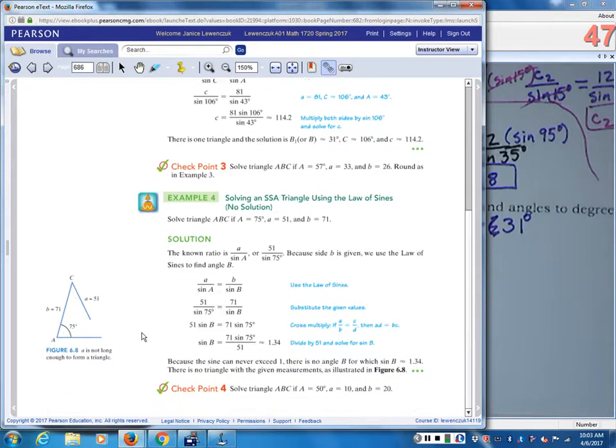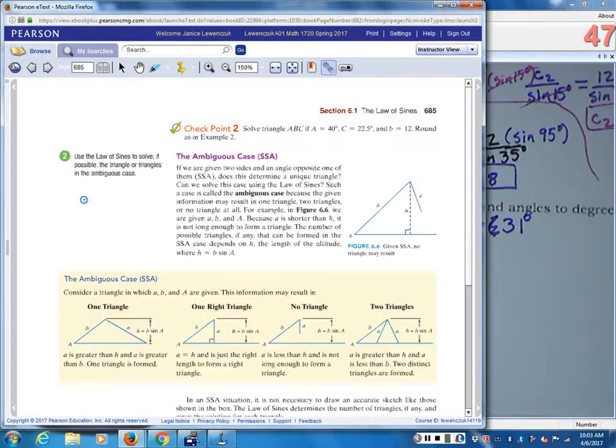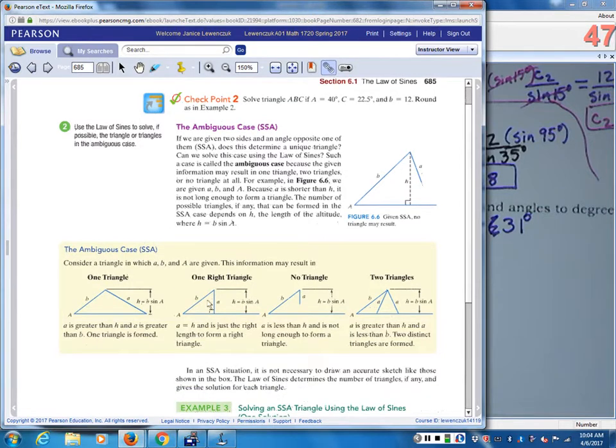Go back a page. Right there. You do B sine of A to get your H, and if A is greater than H, and A is greater than B, you have one triangle. Oh yeah, that's very useful. There we go. Okay, good.